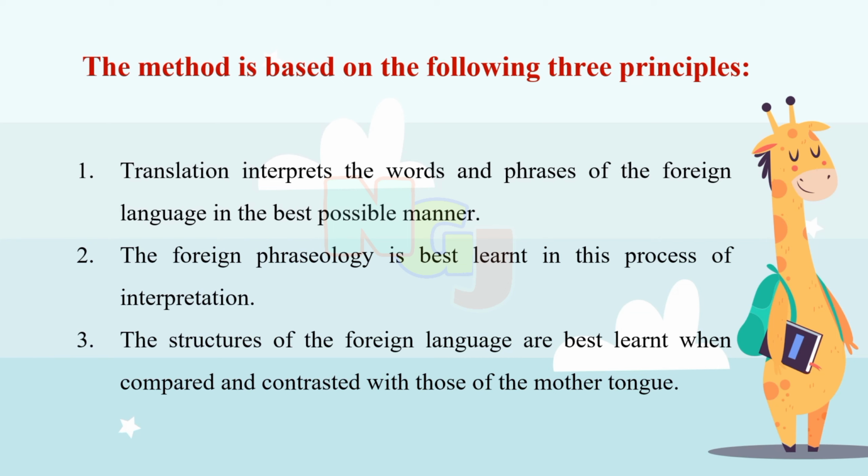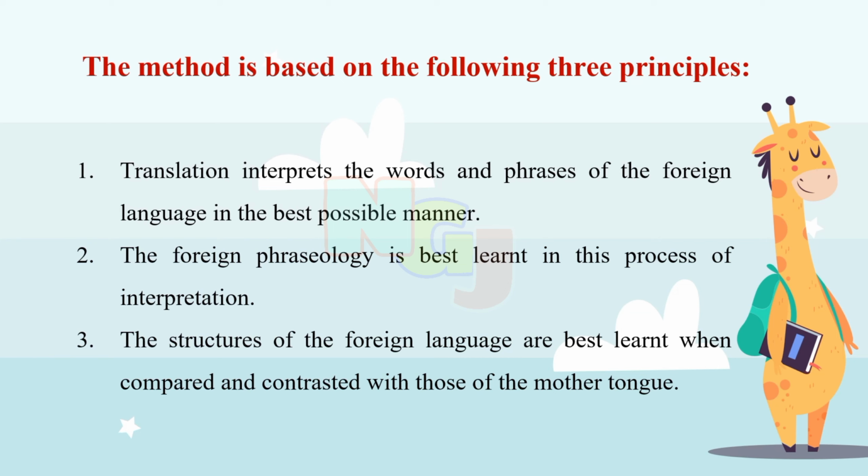Then the second principle is that the foreign phraseology is best learnt in this process of interpretation. Here, when the translation is happening, the students will be able to learn the foreign phrases, that is the English phrases, in the best possible manner.